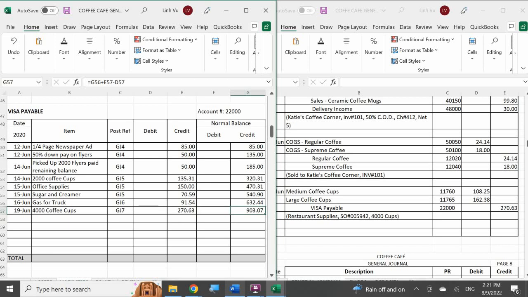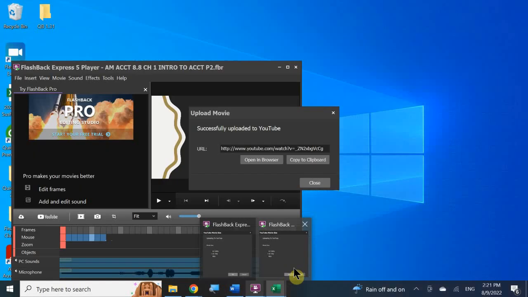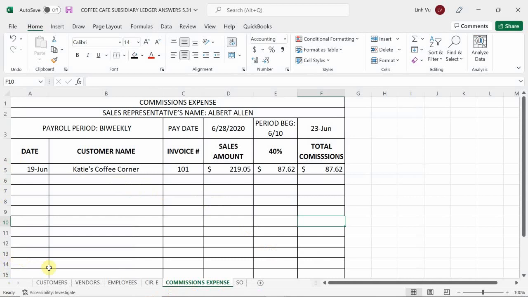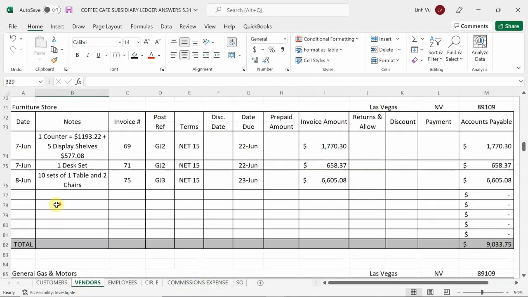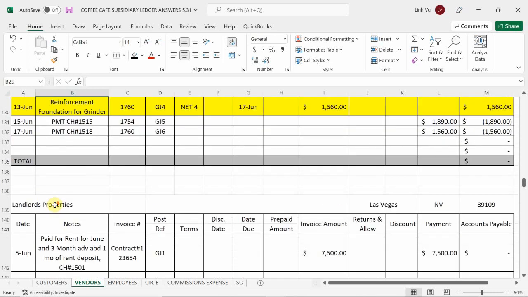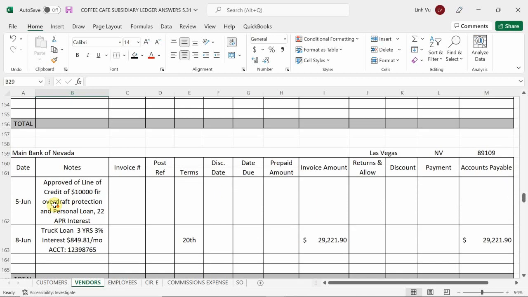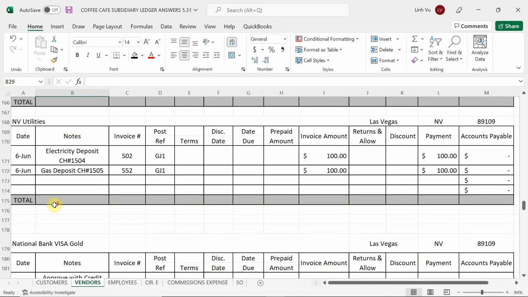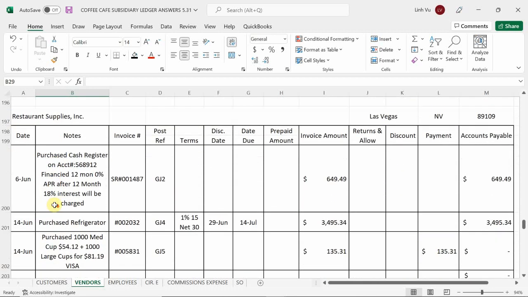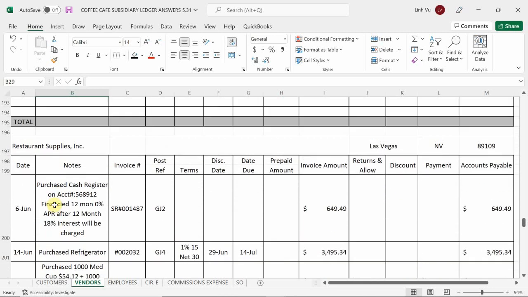Okay, so what's next? We update the sub ledgers for the vendor that we bought 4,000 cups from, the restaurant supply. Okay, restaurant supplies.